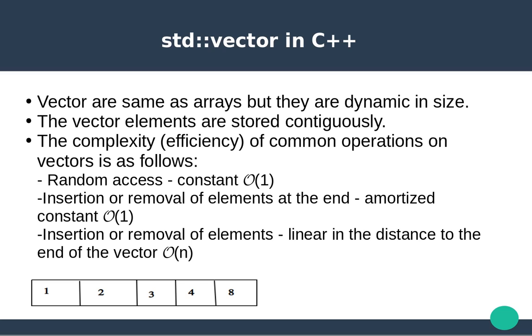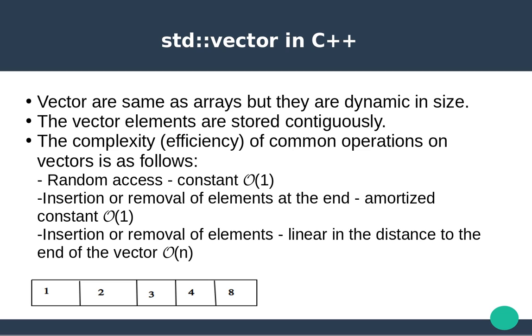The vector in C++ is similar to the array in C. However, the vector is dynamic in size, which means you can add or delete elements from the vector, and based on that, the size will increase or shrink.